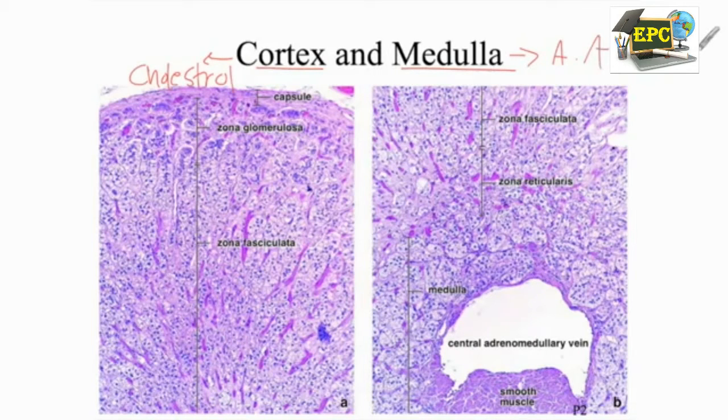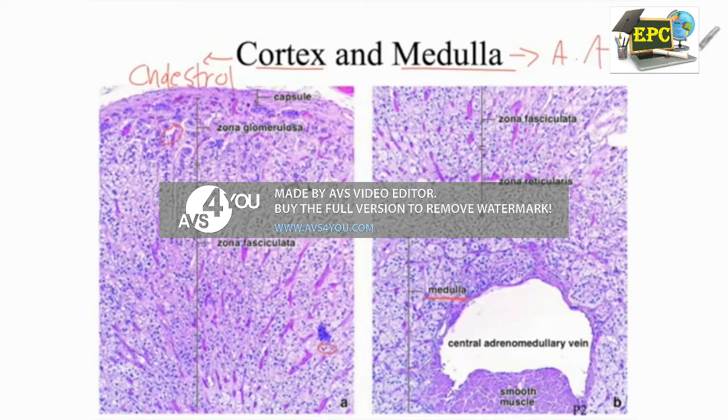You can see here in the different layers of the cortex a lot of whitish droplets, and this is basically the cellular storage of the cholesterol. And you don't see as much of this whitish deposit in the medulla, because it does not store it as much, as it doesn't need it as the cortex does.